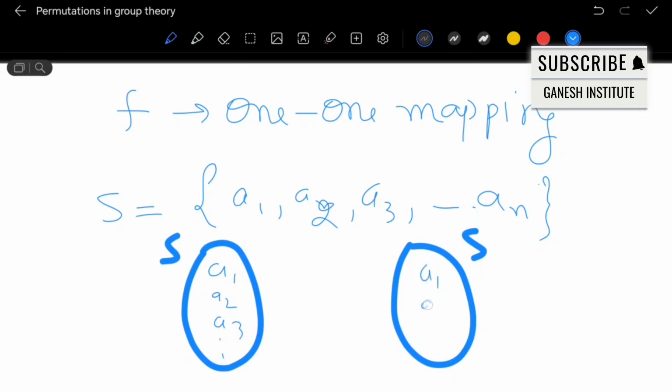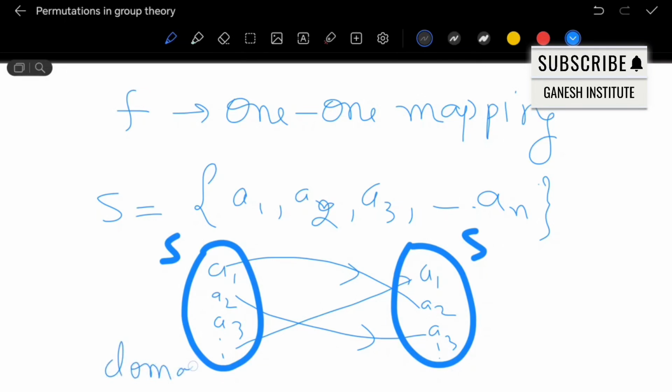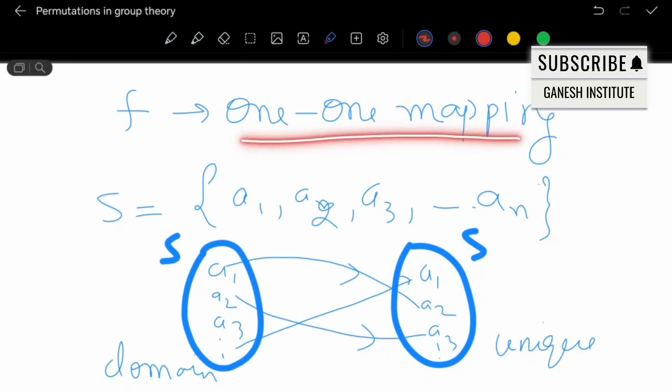Here also you are having same elements because both sets are same. Now, if you do the mapping, A1 is mapped with A2, A2 is mapped with A3, A3 is mapped with A1. So you will see that if every element in domain is having the unique image in codomain, then that mapping is considered as 1-1 mapping.